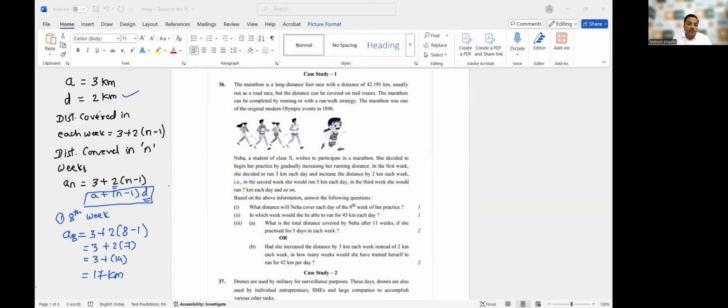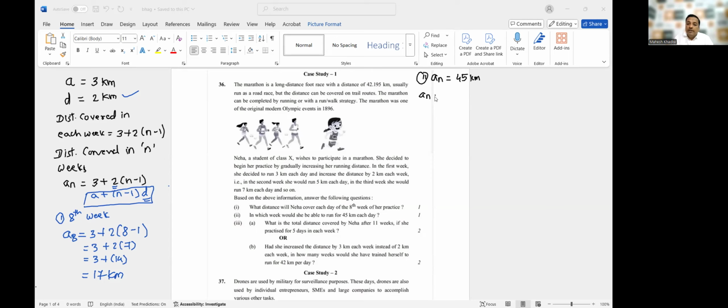Yes, sir. Okay. Then the next question, in which week would she be able to run 45 kilometers each day? How many kilometers does she have to go? She has to go 45 kilometers. So which number week will it be? Means again here an is equal to 45 kilometers.